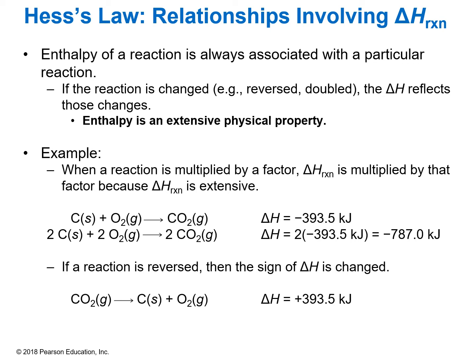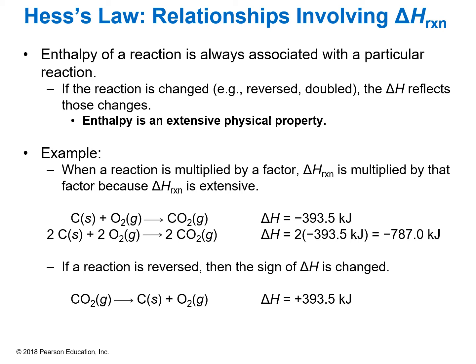So for example, when a reaction is being multiplied by a factor, let's say we're going to multiply a reaction by 2, for some reason we need to double everything in a reaction, then the delta H of that reaction is also multiplied by that factor. So for example, we have carbon and oxygen creating carbon dioxide, and this is the delta H for that reaction.